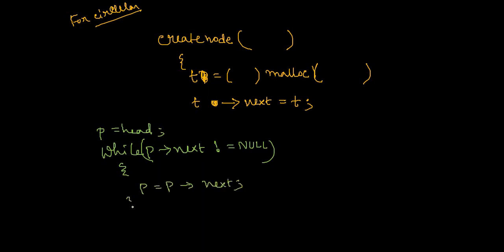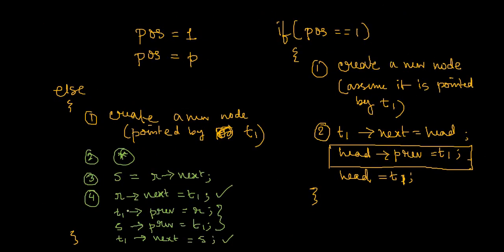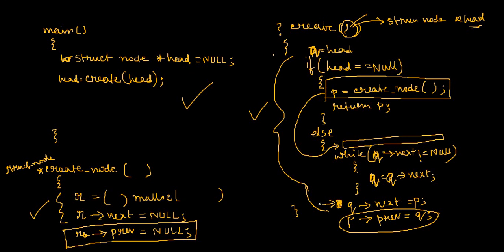These particular things we have done, even in singly linked list and doubly linked list also. You see, we have done this: Q next not equal to null, where you started from head. Fine.